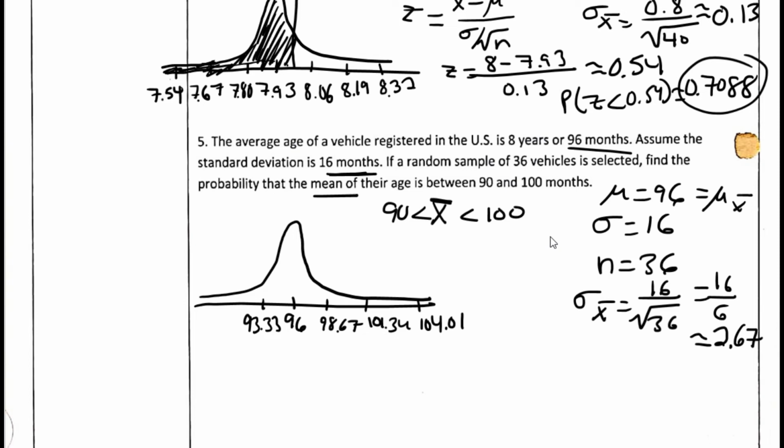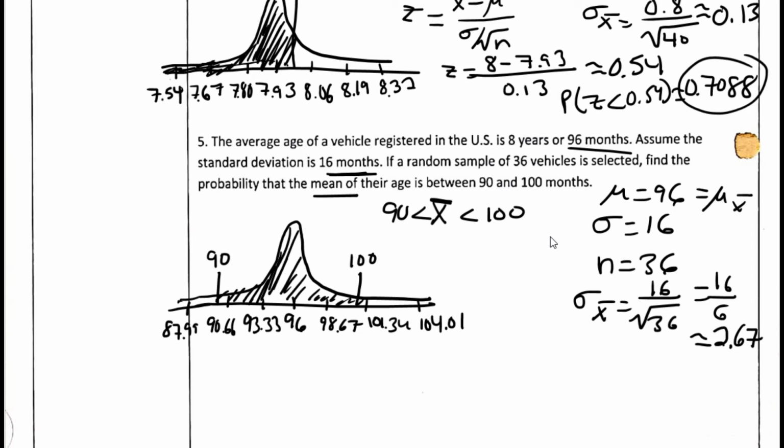Then 93.33, 90.66, and about 88. All right, so we want it between 90 and 100. So 90 is around here, and 100 is around here. So we want this probability here.